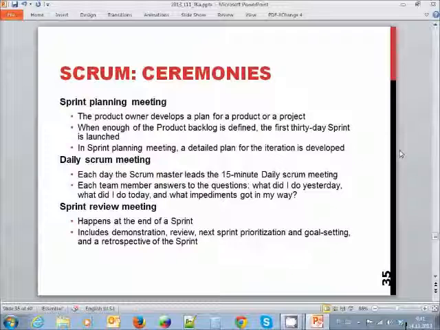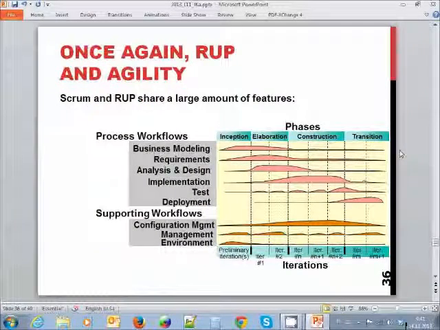The daily meeting is so that everyone knows where we are going. And the review meeting is where we see how we did during that sprint and whether our existing product or features are good enough so that we don't have to come back and make changes to them.